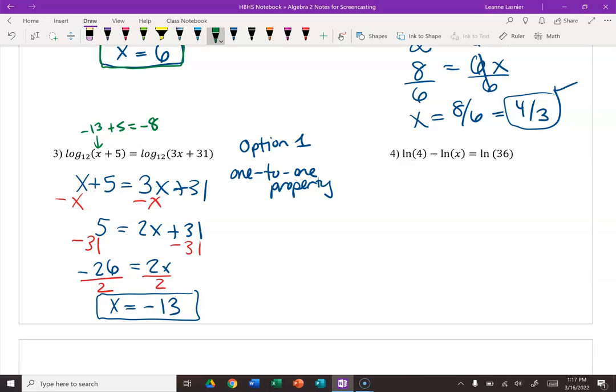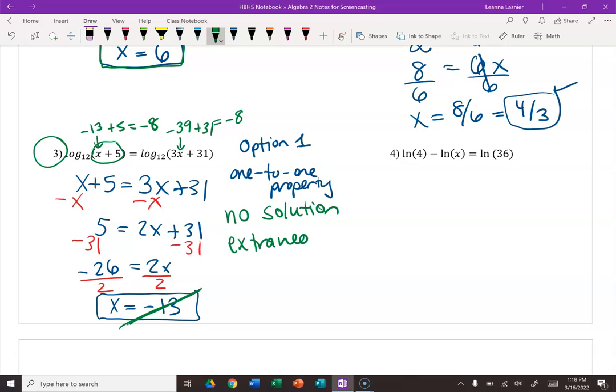So I'm not allowed to let x equal this because that would create a negative in here. And here, if I plugged in negative 13, same thing would happen. I would end up with a negative number inside the log, which I'm not allowed to have. So actually, this one in number 3 has no solution. You could say it has an extraneous solution of negative 13.